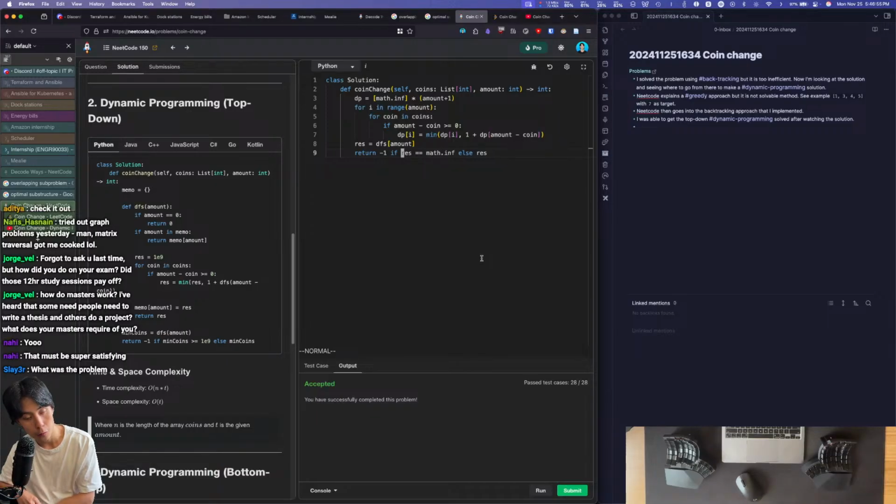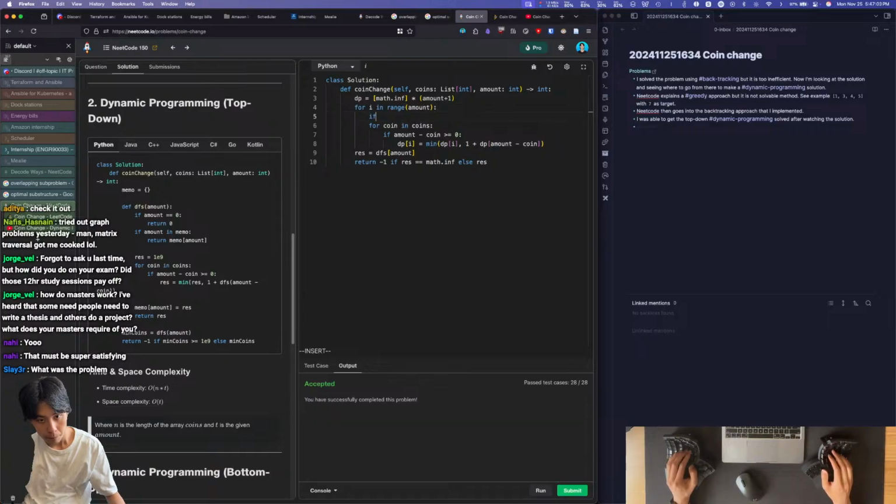Now, for when the amount is 0, dp of I is equal to 0.